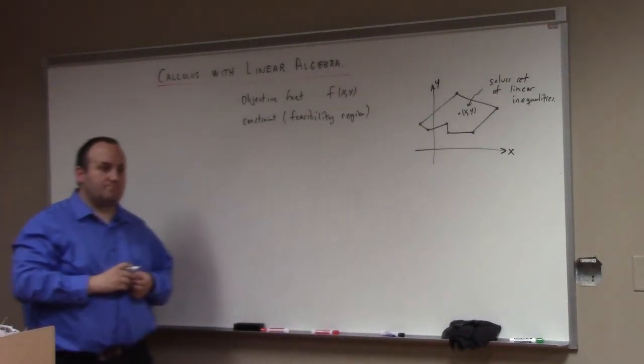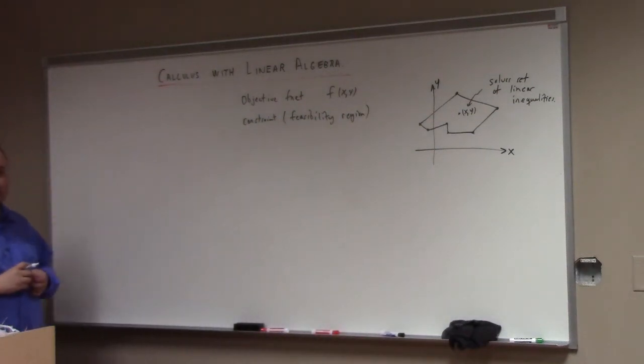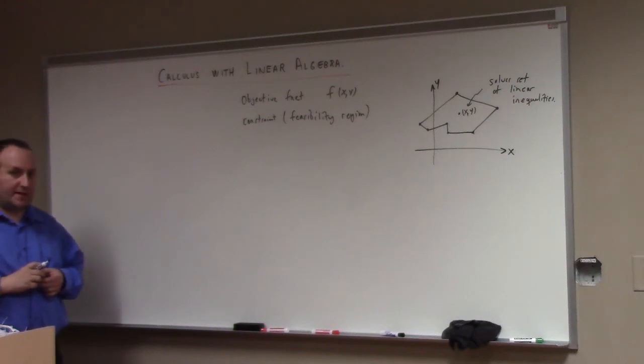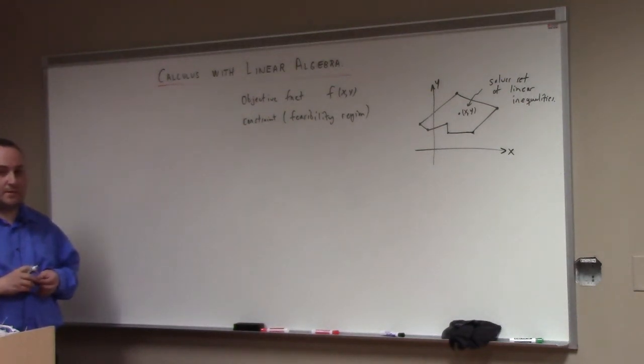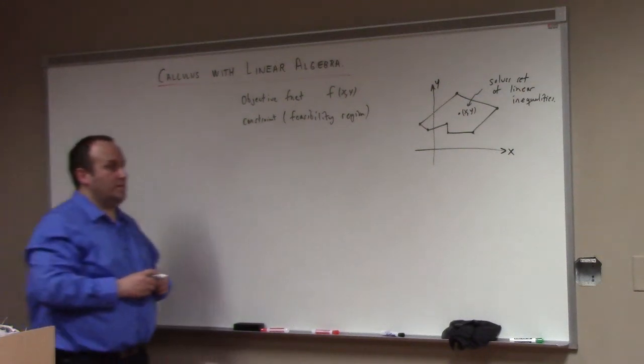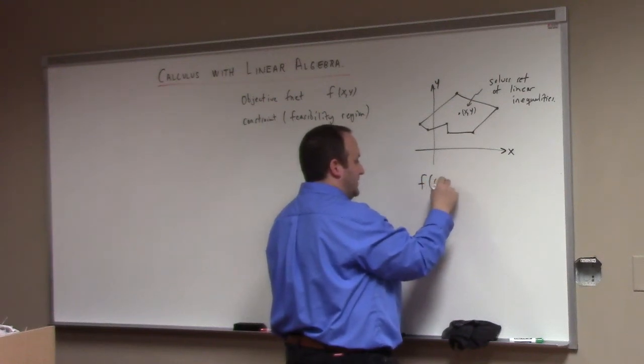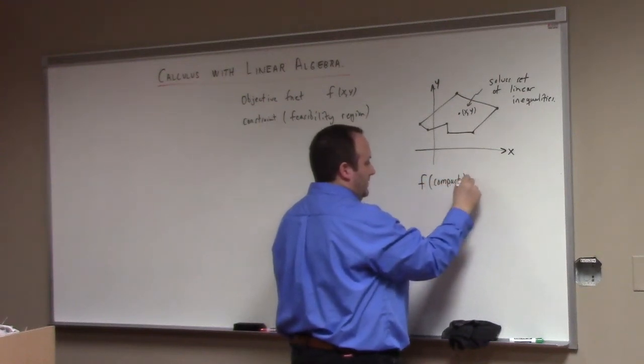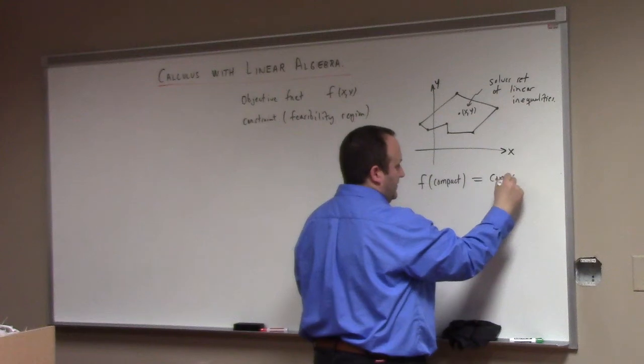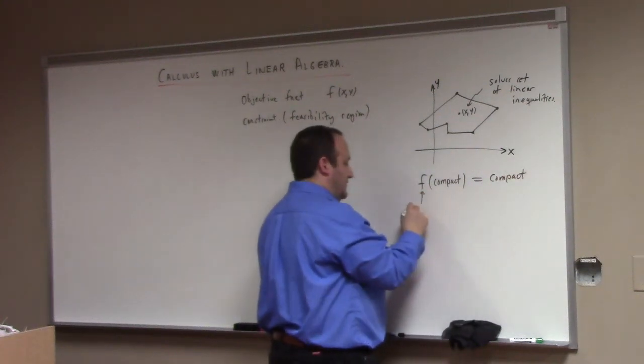There's a theorem of analysis or topology, depending on your viewpoint, which says that if you have a continuous function and you feed it values from what's called a compact set, you attain both a minimum and maximum. So this is a theorem: f of compact is compact, where f is continuous.